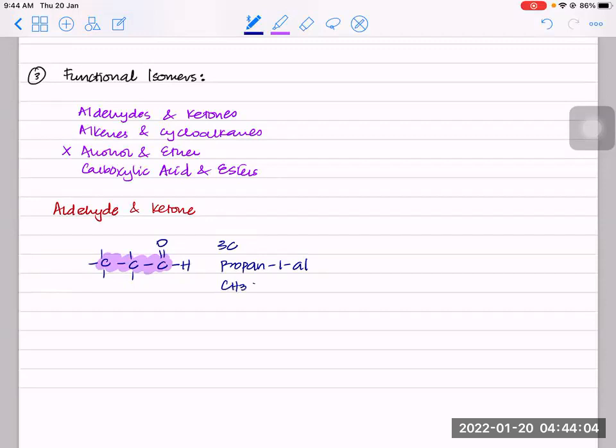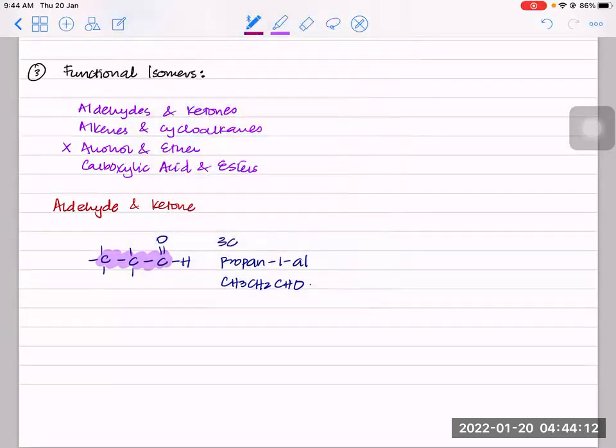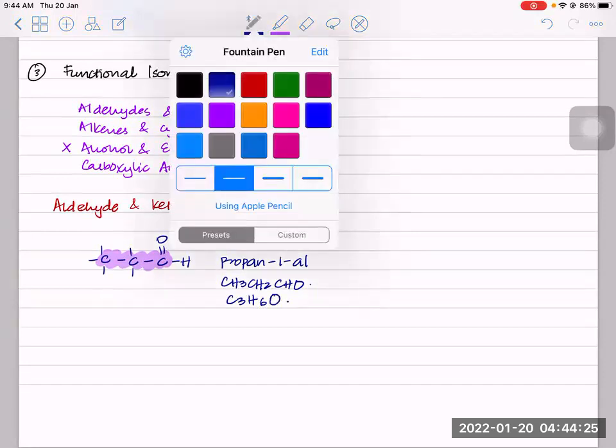CH3, CH2, CHO. Yes. Now, aldehydes are always functional isomers with ketones. What's the molecular formula? C3H6O. Clear? Now let's make a ketone.